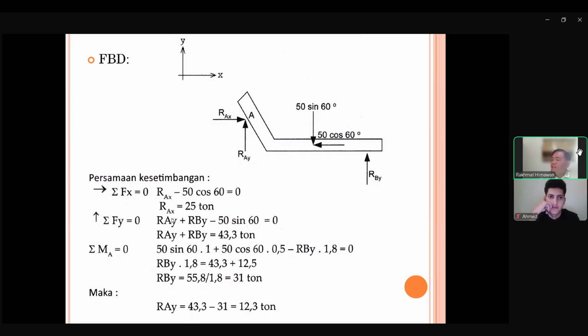So let's see. If sigma moment A is equal to 0, this 50 sine 60 going clockwise has the rotation effect of clockwise if this rod can rotate. And what's the distance between this force and A?